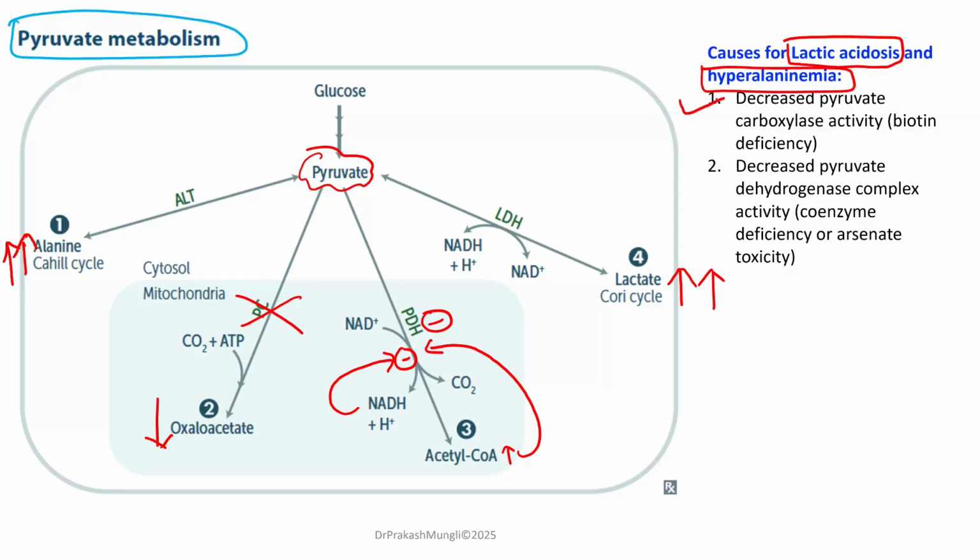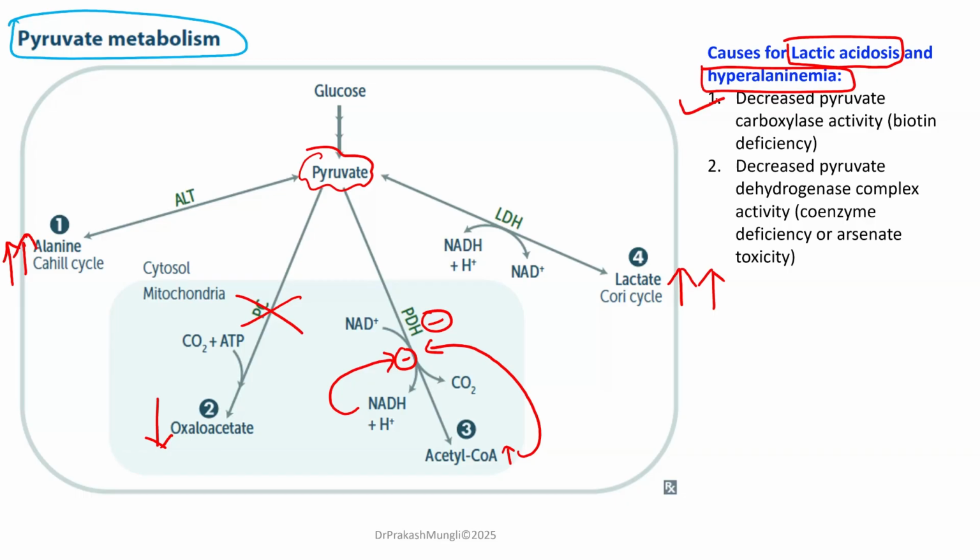See, number 1 I have written here: causes for lactic acidosis and hyperalaninemia. The first cause that I have written is decreased pyruvate carboxylase activity or biotin deficiency. Most important. You will realize how important it is when you see the case stem, doing practice or maybe in the exam.